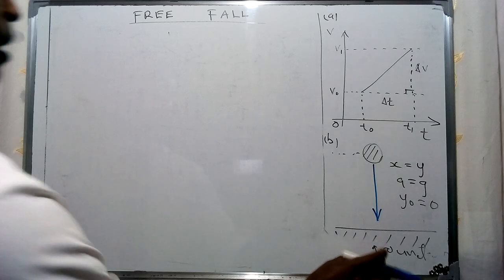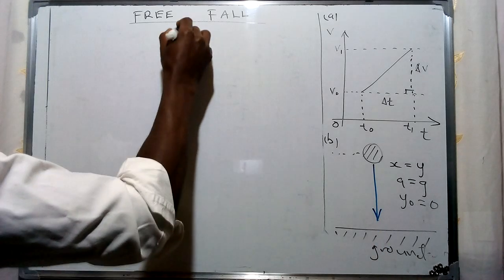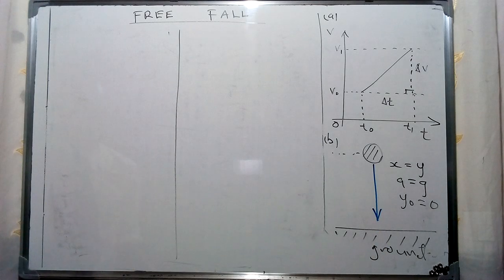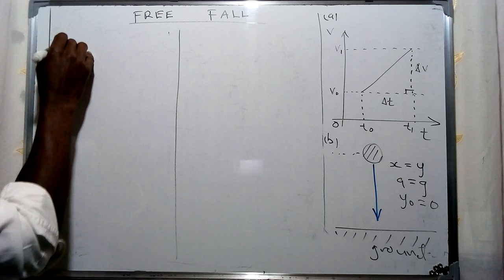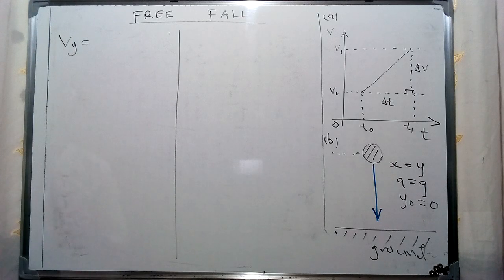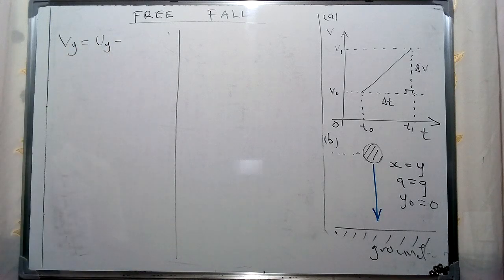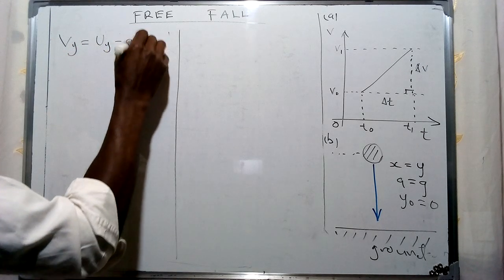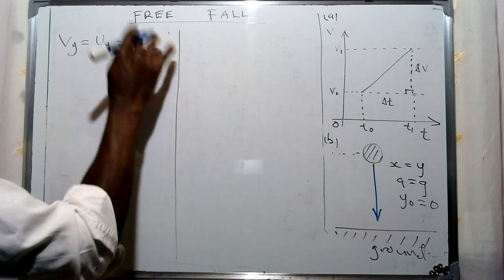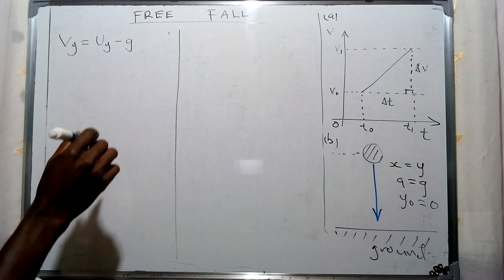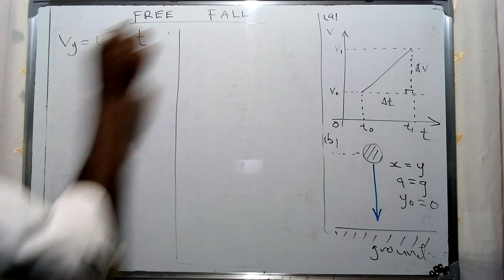So therefore, from the three kinematic equations which I've just derived from my previous discussion, we're going to have this particular velocity along the y-axis represented in terms of the initial velocity along the y-axis, and the product of the acceleration due to gravity times the time.